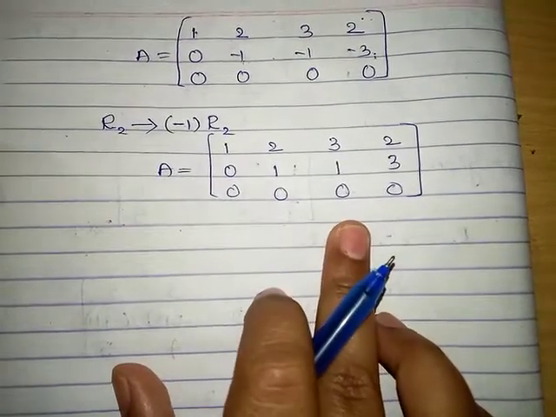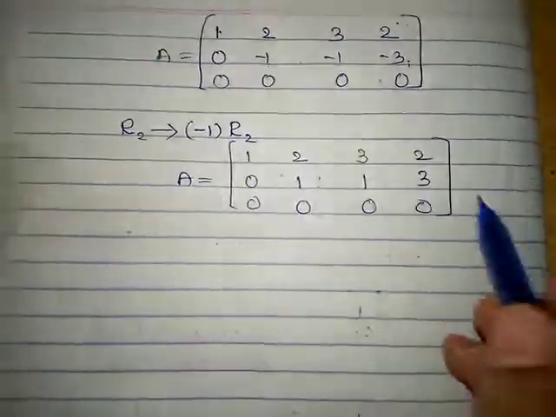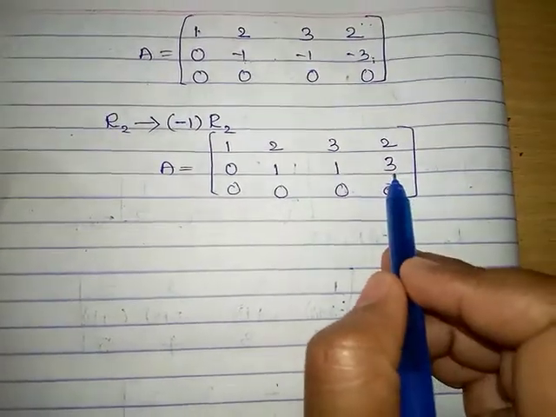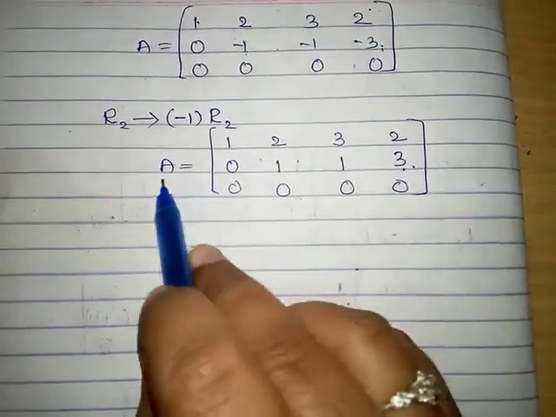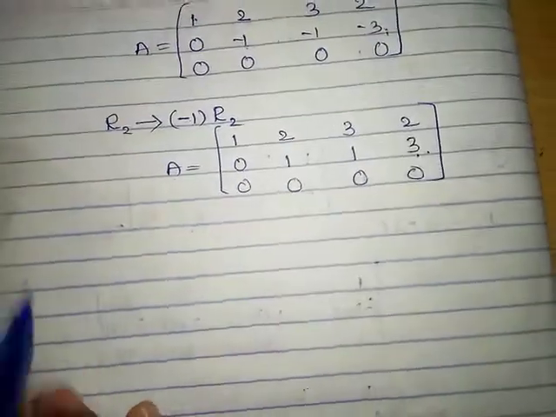See, now this matrix is in echelon form, so now we conclude what the rank of this matrix is. See, the number of non-zero rows is 2, so the rank of this matrix A is what? 2.